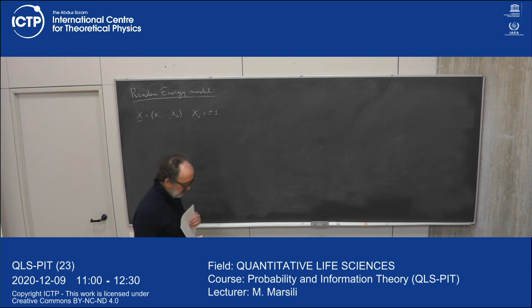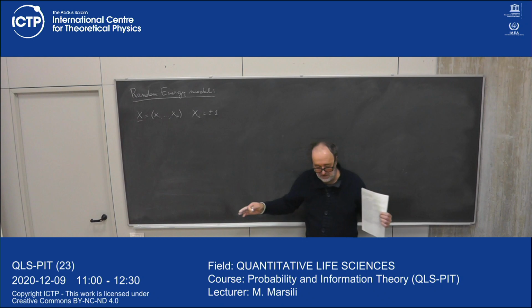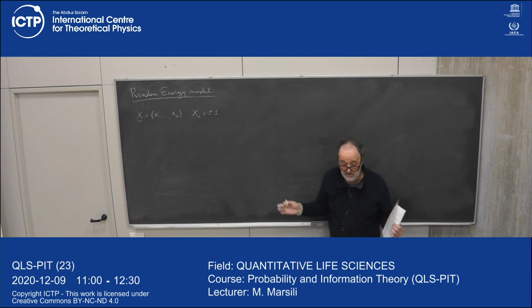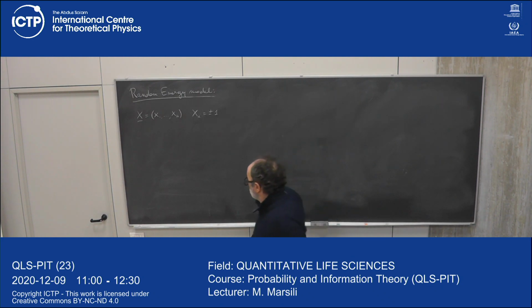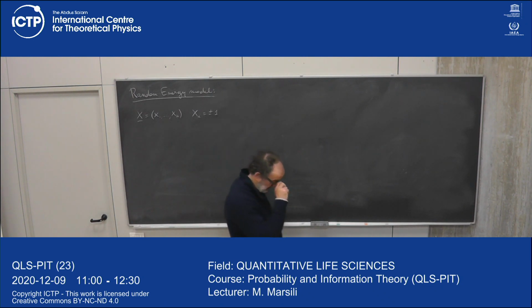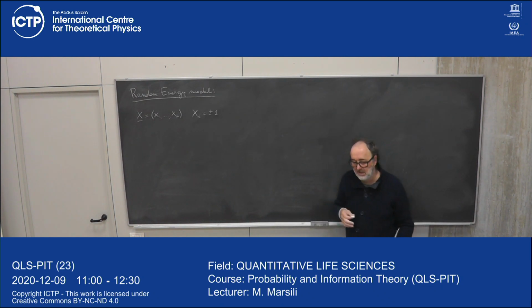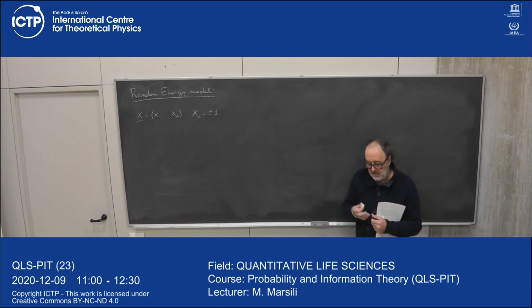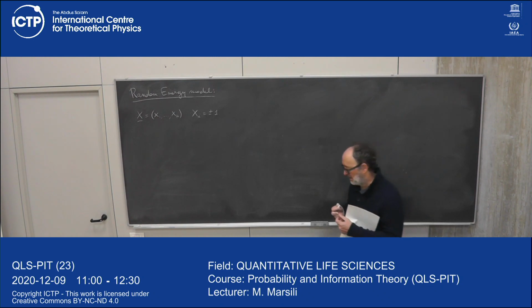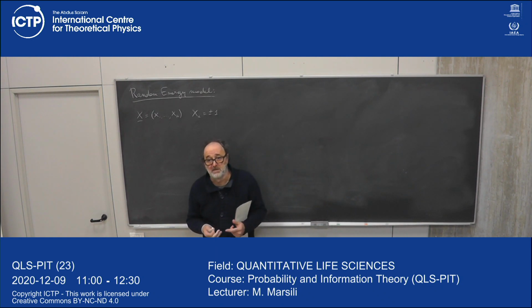But then instead of looking at the Ising model, which is a very regular system, where all the spins are the same, there is translation invariance, we want to study models which are more complicated, which are disordered systems, where essentially each spin interacts in a different way with all the other spins, okay?